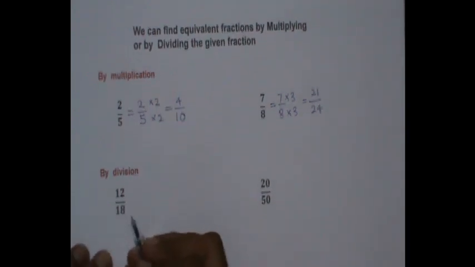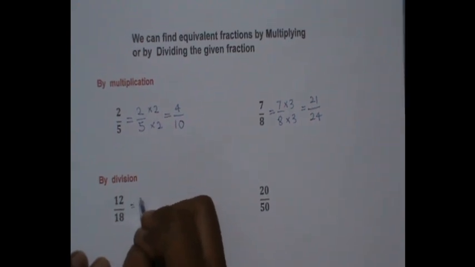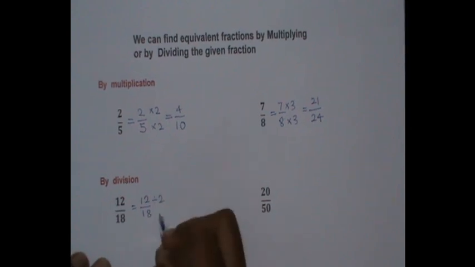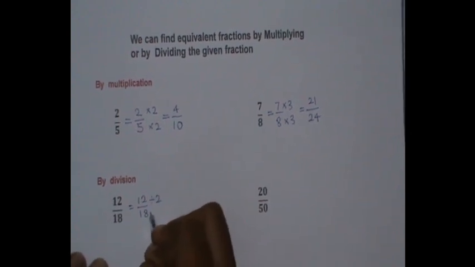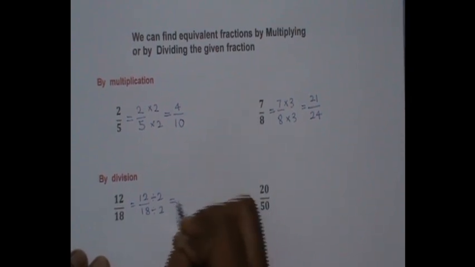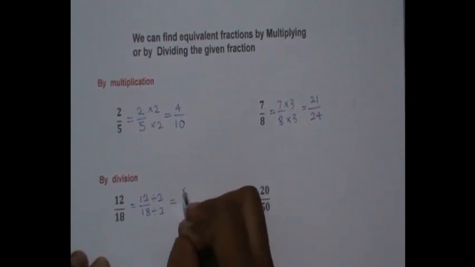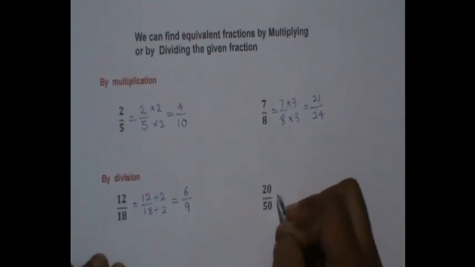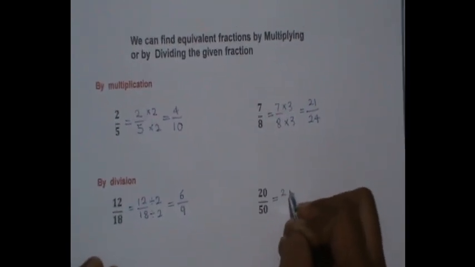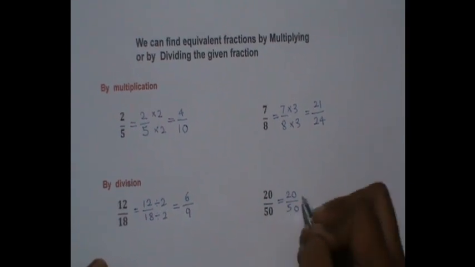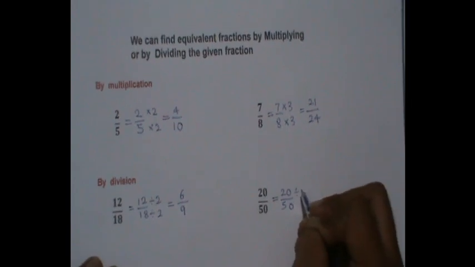Here by division you have to write again. Now you can divide by 2. You will get 12 divided by 2 is 6, 18 divided by 2 is 9. Here write again and you can divide both numbers by 10.